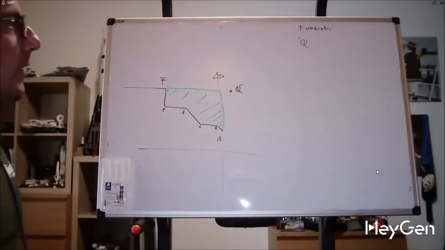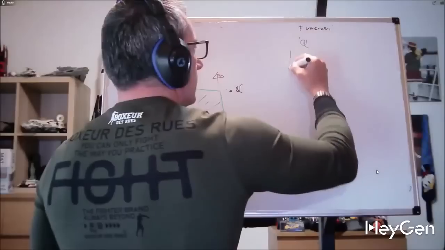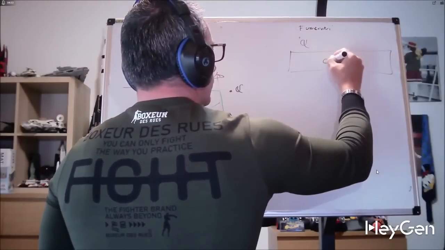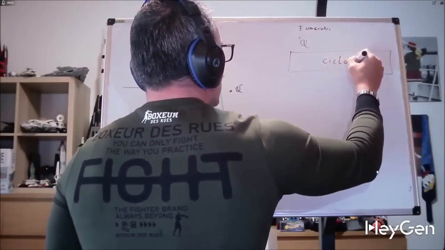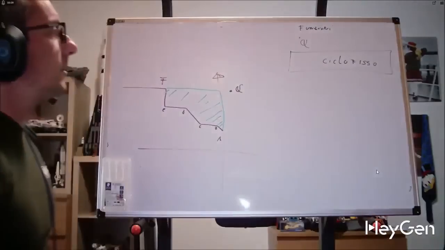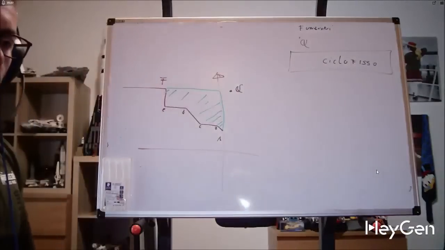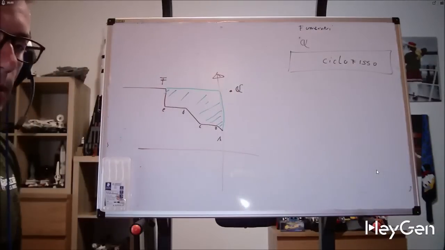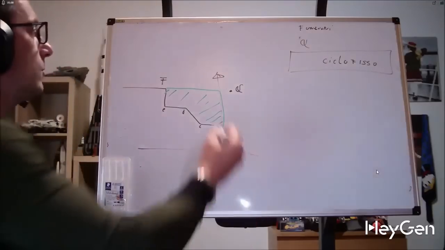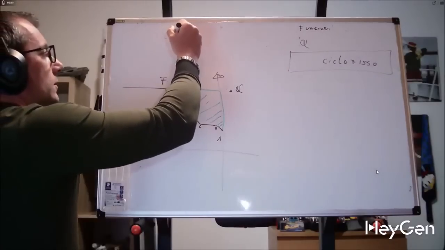At this point, we can insert our fixed cycle. Let's write fixed cycle. So, how do we identify the fixed cycle? With a G. And this G is literally saying, oh, I'm starting a macro, follow me. In this case, with G71.